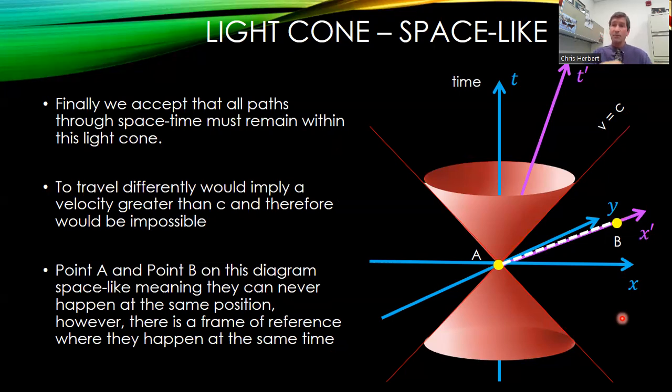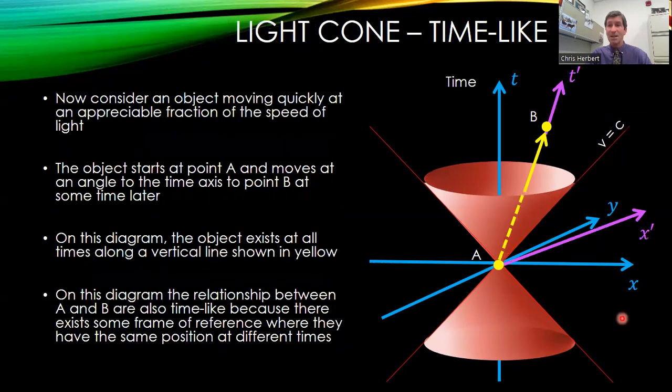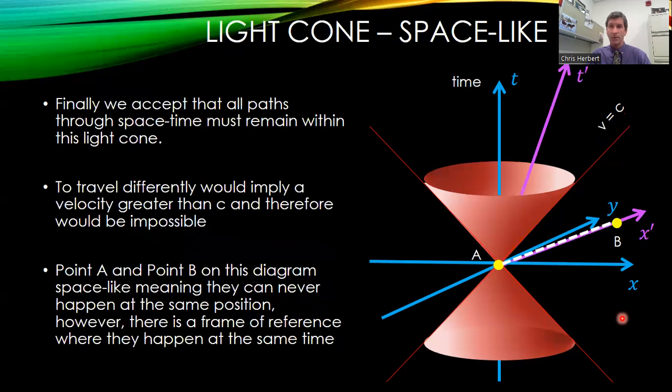I can make them simultaneous, but they're going to be at different locations. So space-like, they're separated by space. Time-like, they're separated only by time, or at least I can find a frame of reference in which they are separated only by time. I bring this up because this is often brought up in the literature when we talk about relativity. We're an introductory course, so we're not gonna get crazy with this stuff, but hopefully in my clumsy way I explained it so it makes a little more sense.